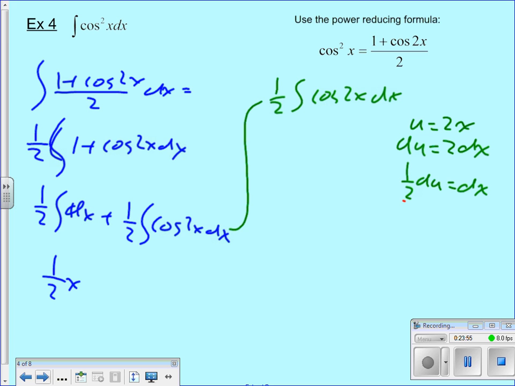So I take 1/2 du and replace dx with that. I have the 1/2 already out in front, and 1/2 du. And then u is 2x, so that means I have the cosine of u. What's the antiderivative of the cosine of u? Sine of u.